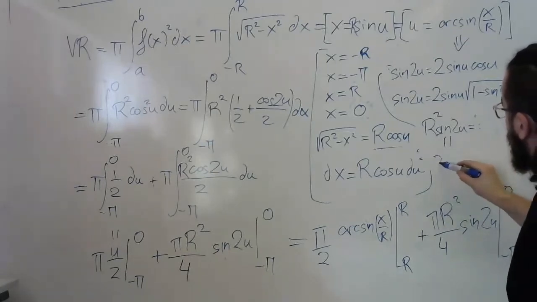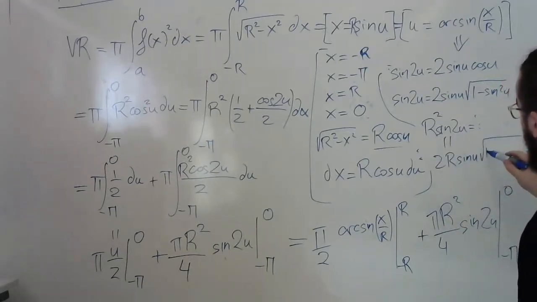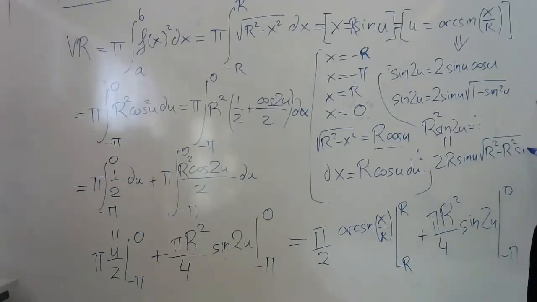This is equal to 2r sine u square root r square minus r square sine square u.